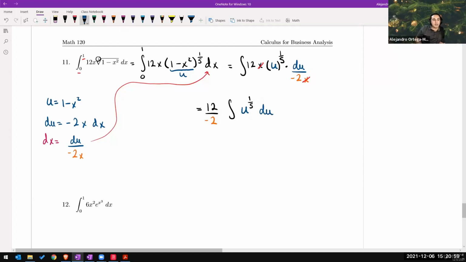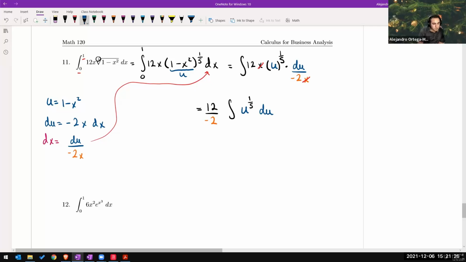Okay. Now, at this point, we haven't done anything different. But notice that I did not write the limits of integration right now. Right now, we are integrating with respect to u. And when we were integrating with respect to x, this integral was telling us you're integrating as x goes from 0 to 1 for the antiderivative.